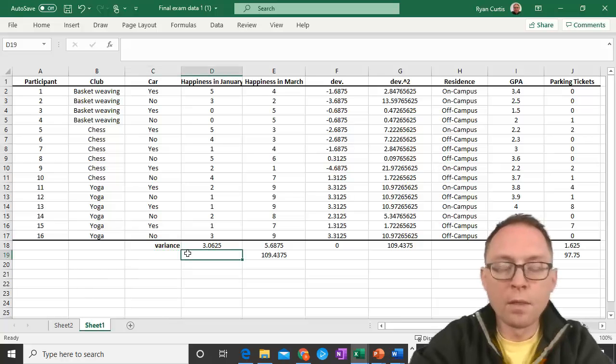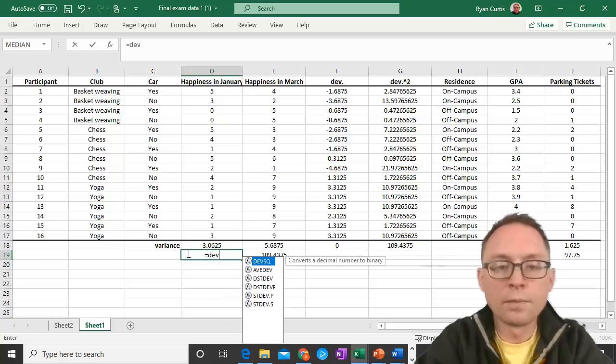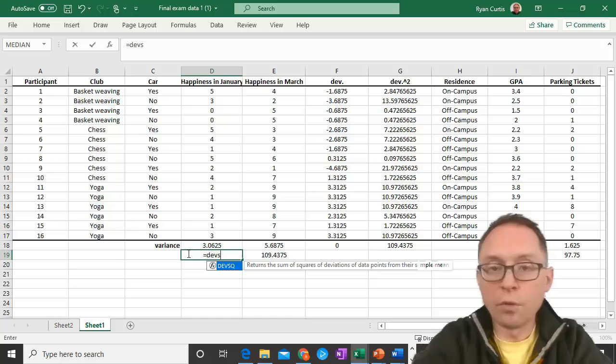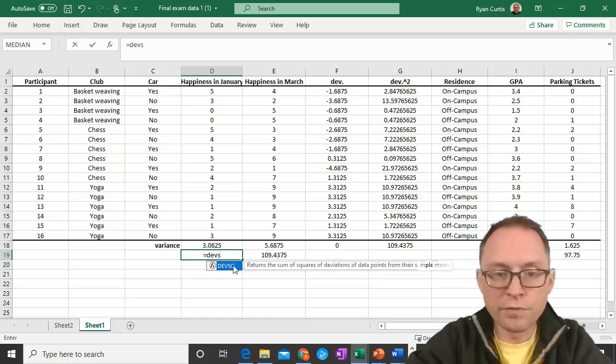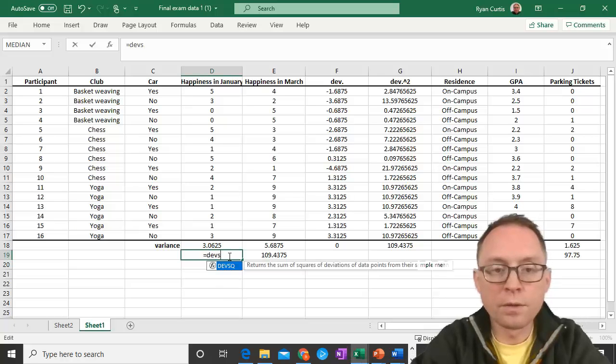All right. The other way to do this is to get the sum of squares. And you can do it the old way that we did before, where you do deviations squared, or you can just use deviations squared. So you'll get this.